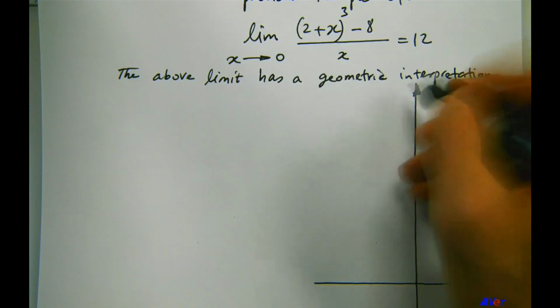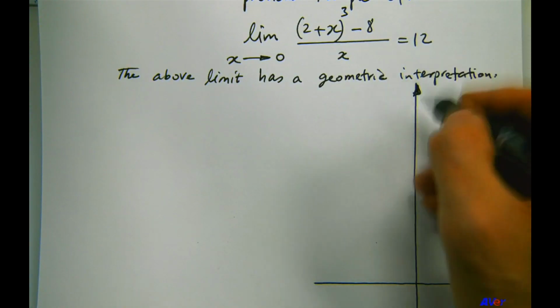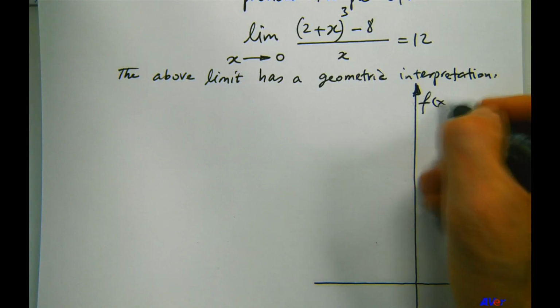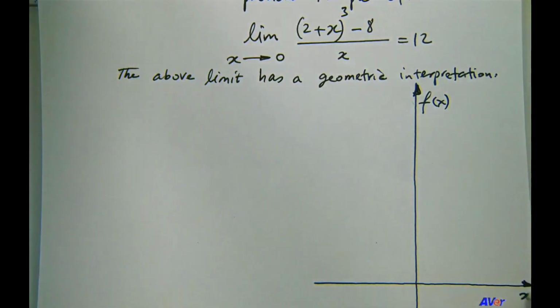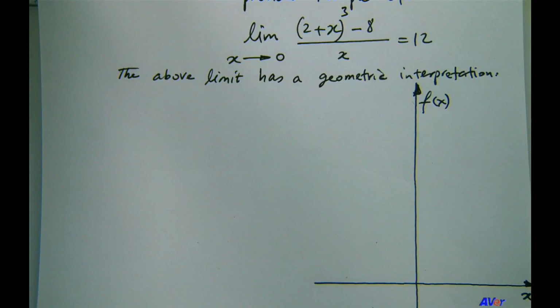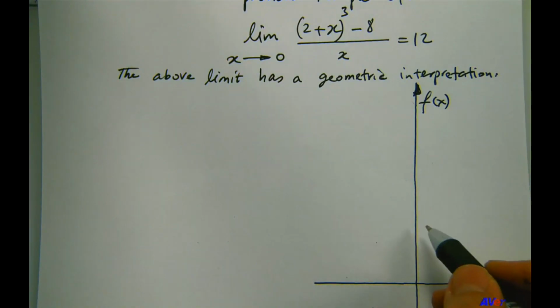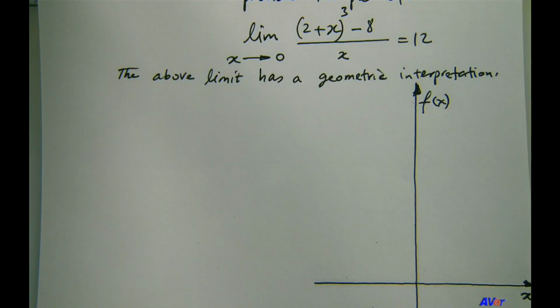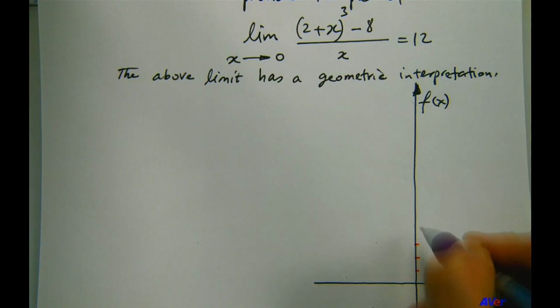So that's why. So we have this f of x function, and we have this x. And this function has a graph, and that goes like this. So 1, 2, 3, 4.